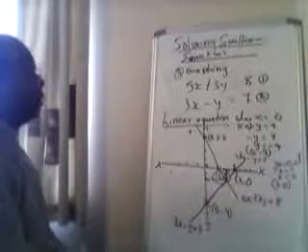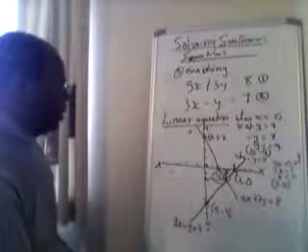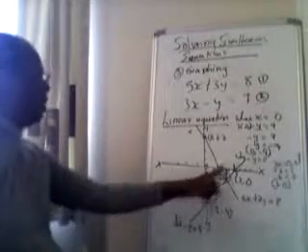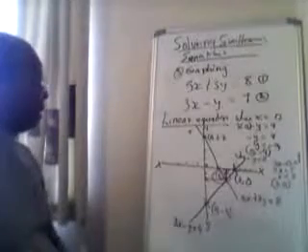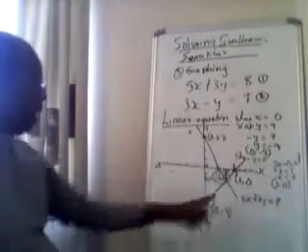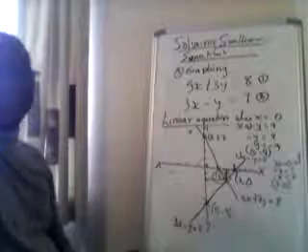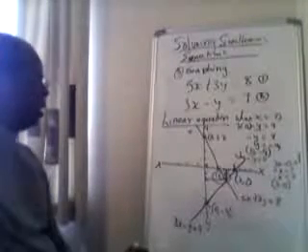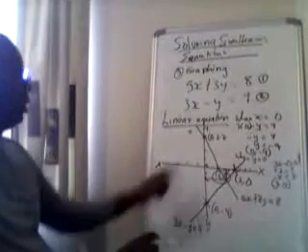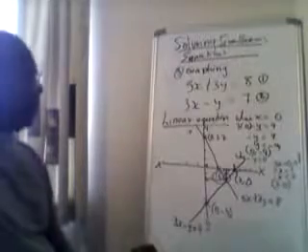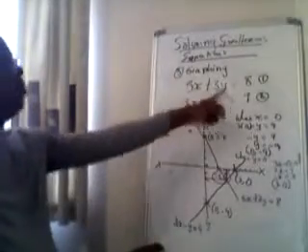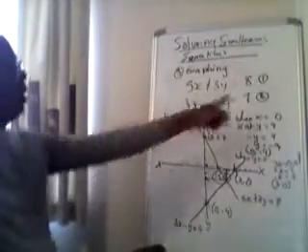Based on the previous answers that we had, obviously we should get exactly the same answer if you had the graph paper. But you have an idea of how we solve simultaneous equations using the graphing method. Both of them are linear graphs.